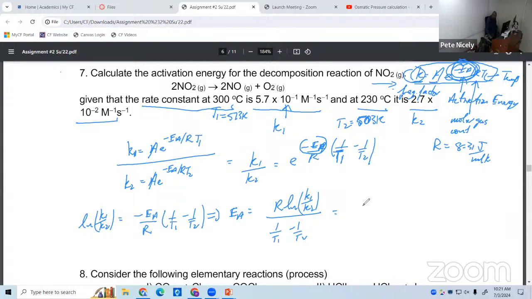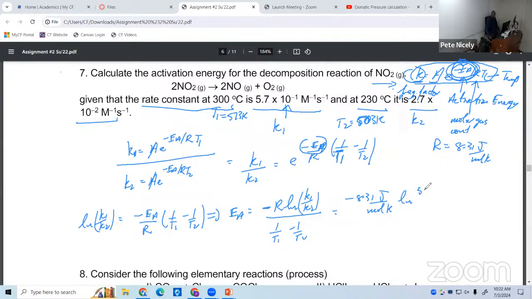And then what I would do is put the numbers in. So don't forget the minus sign, very important, all right? So minus 8.31 joules per mole Kelvin, we'll go up top here, times ln K1, what's K1?